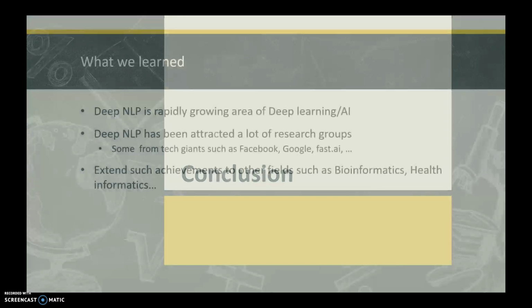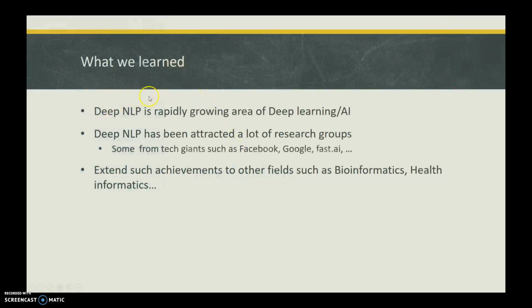So, in conclusion, what we have learned from this big project is that deep natural language processing is rapidly growing and is considered to be the most important area of deep learning AI.